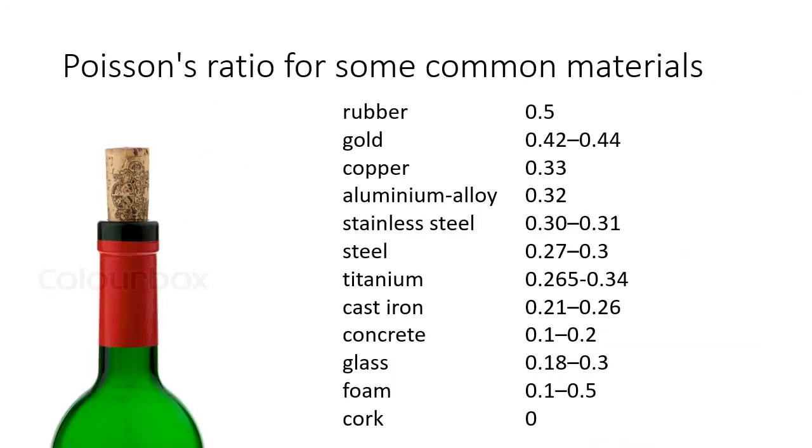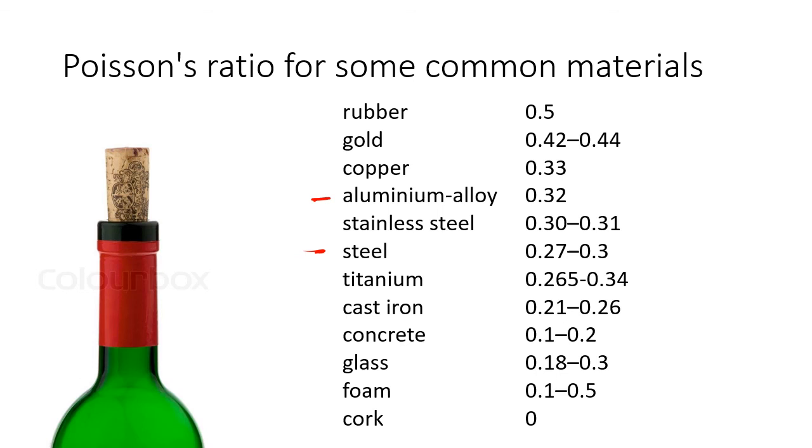We have a list here of some typical values for different materials, and if we look at some of the ones that we use quite commonly, then we've got things like aluminium, which is 0.32, steel 0.27 to 0.3. So if you look at most of the materials on here, we've got values between, I don't know, 0.2 to 0.4 maybe.